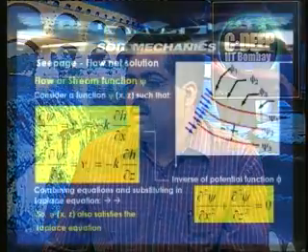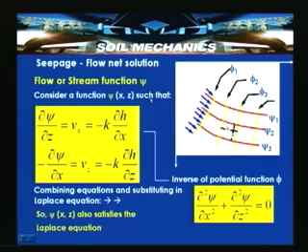For that, consider a function psi xz such that dou psi by dou z is equal to Vx is equal to minus k dou h by dou x, and minus dou psi by dou x is equal to Vz is equal to minus k dou h by dou z. Note that psi is the inverse of the potential function.